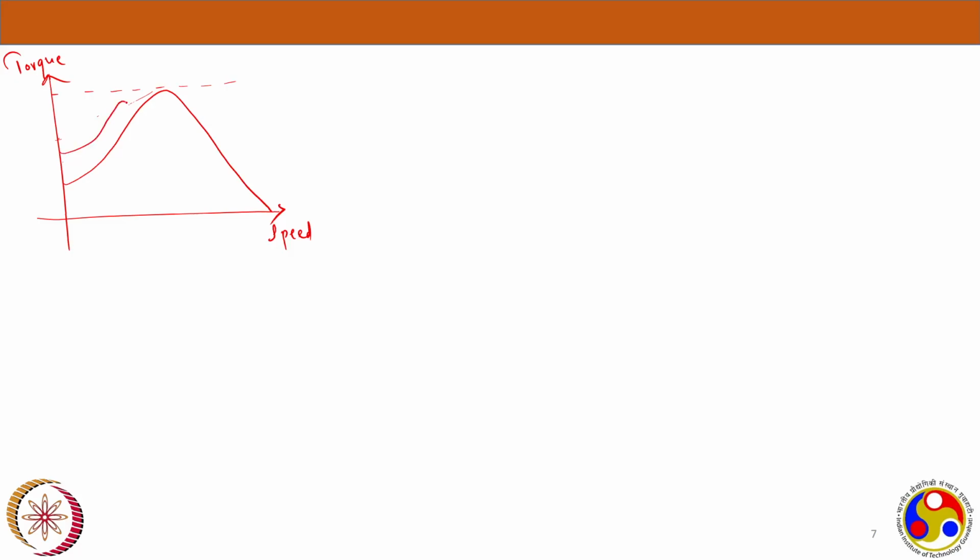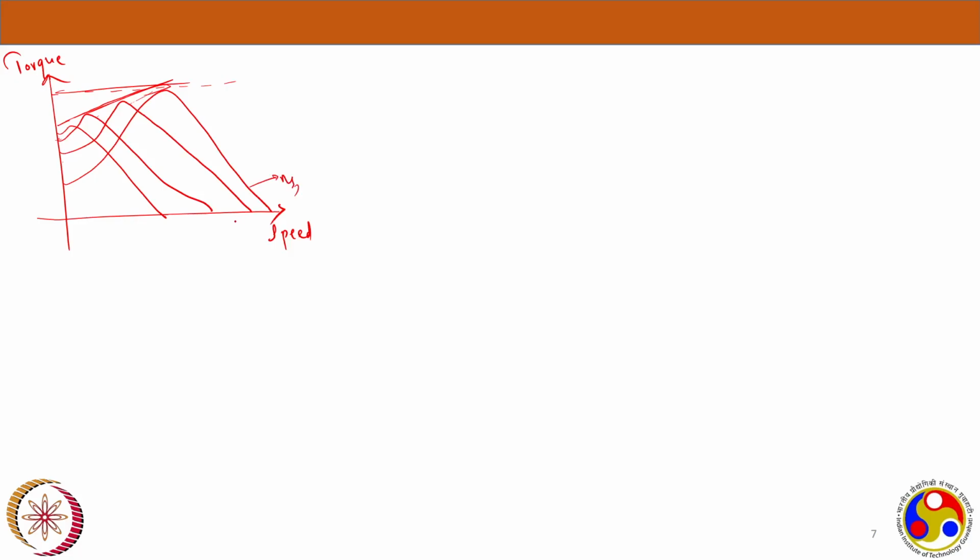It will not have that much maximum speed, but a bit less. This will have that much maximum speed, a bit less, like this. So if you see, there is a reduction in the maximum torque here. Instead of the same, you will have reduced, but you will have different speeds.